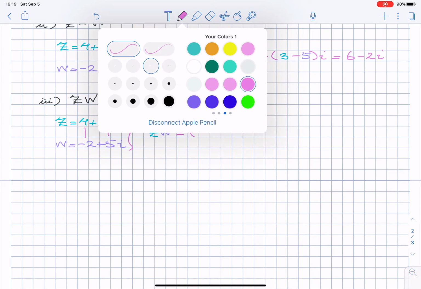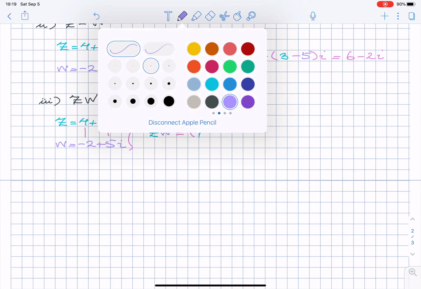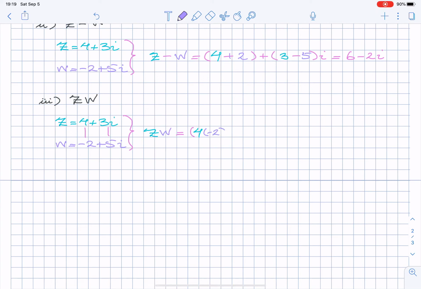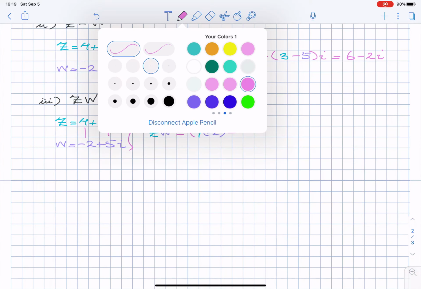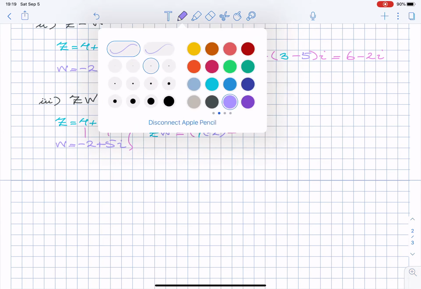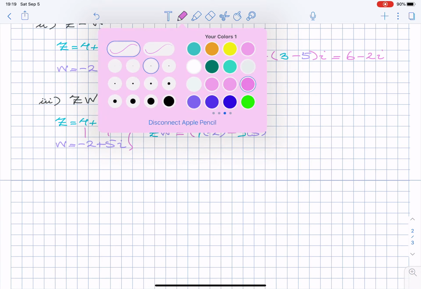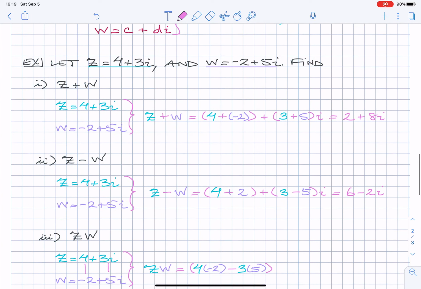So we're going to have 4 times negative 2 minus, because those look like subtraction lines, 3 times 5. Oops, 3 is blue. 3 times 5. And then what do we do?